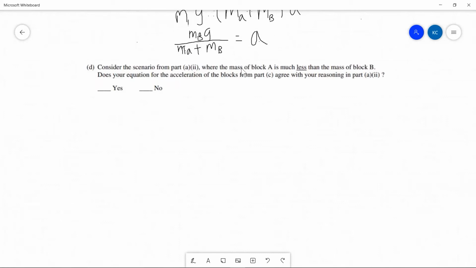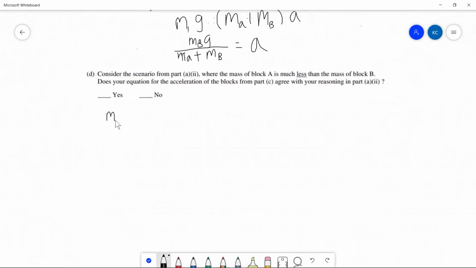If mass of A goes to 0 since it's so small, then the equation would simply be the mass of B times gravity over mass of B, and that is equal to our acceleration. The mass of B dividing by each other will cancel out, and the acceleration would be close to G, which is what we said in part A. So we can check off yes and explain.